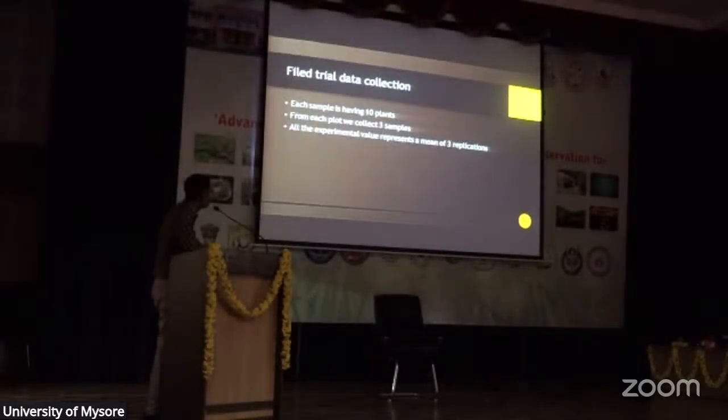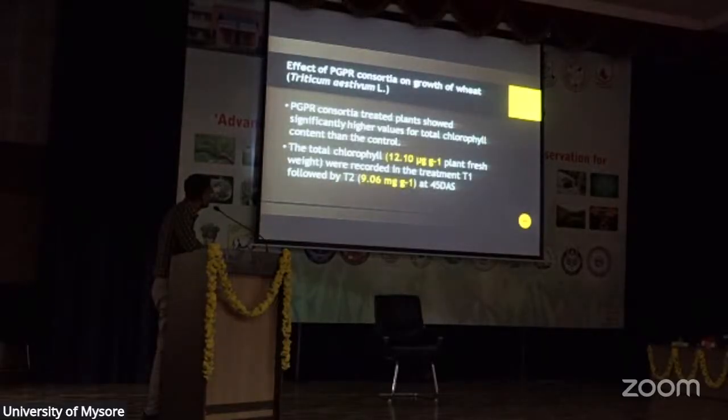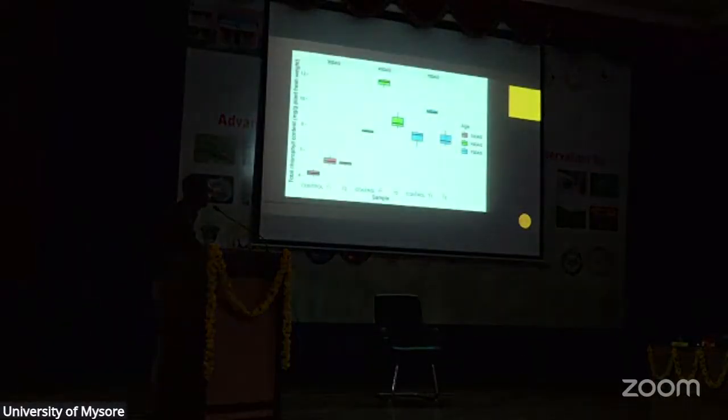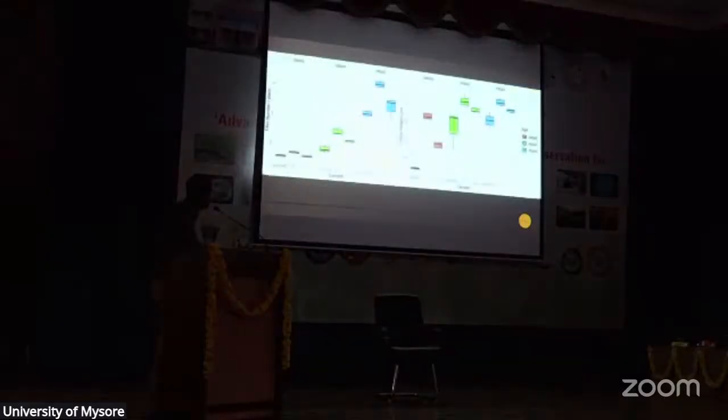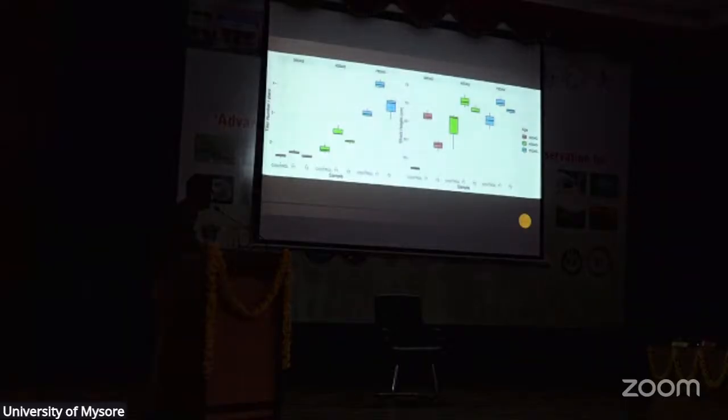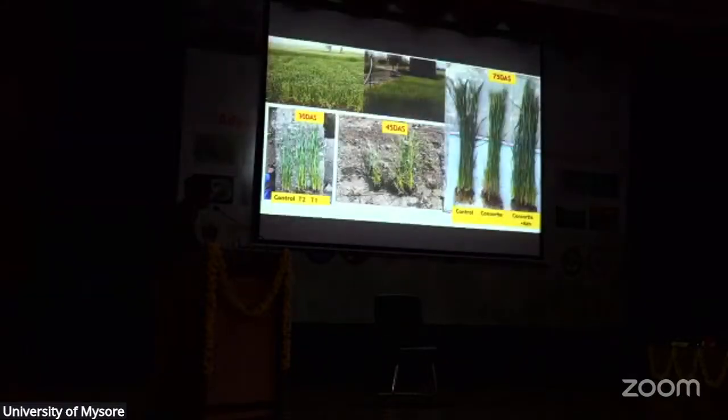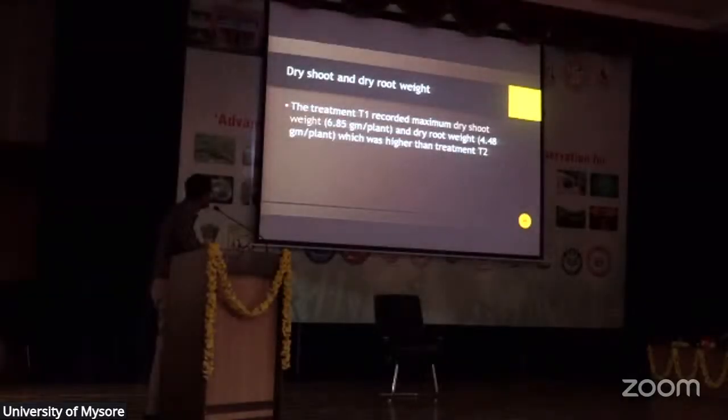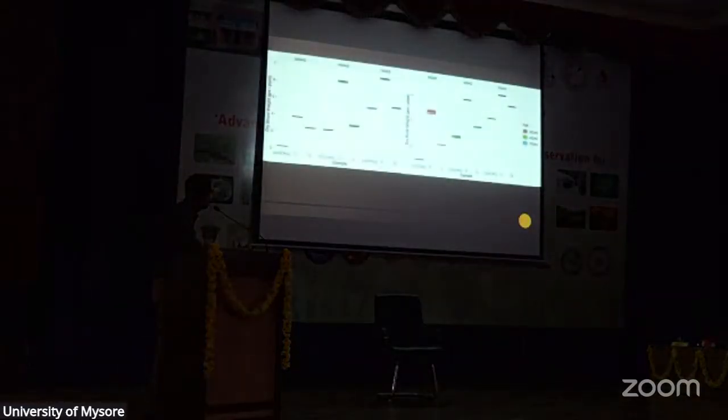These are the carbohydrate utilization and the field trial data. The box plot clearly says that T1 highly improved the chlorophyll content. In the same way, you can see the tiller number and the shoot length also improved at 45 days as well as 75 days. These are the pictures, shoot weight, and their box plots.